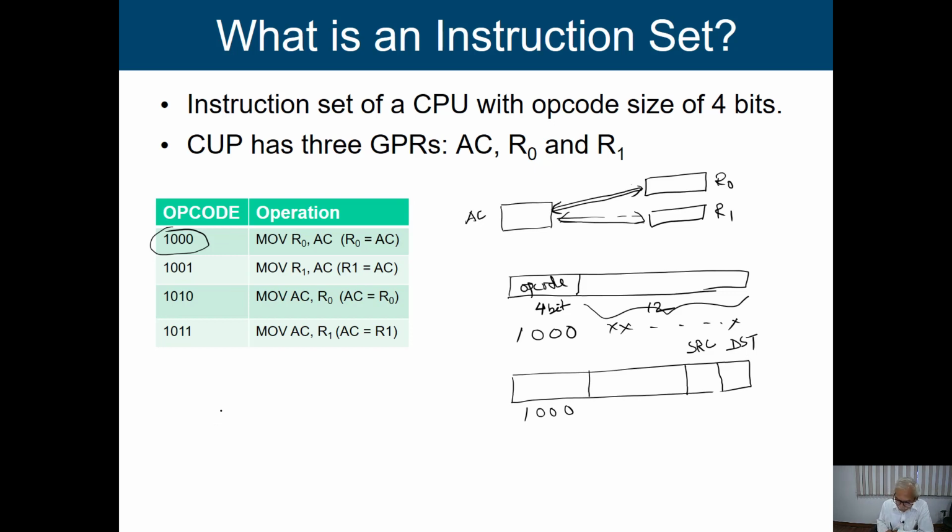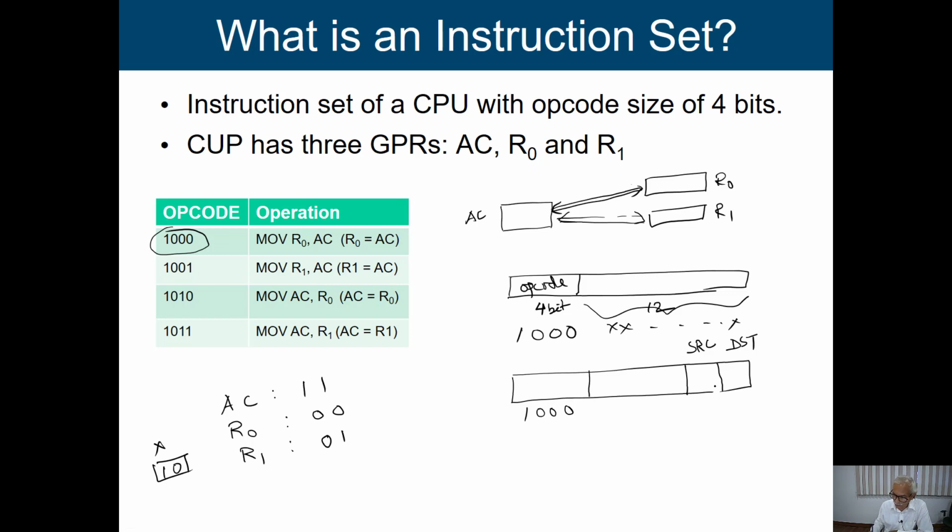Now since I have 3 registers, AC, R0 and R1, for our better understanding we'll say that 00 is going to look for register R0, 01 is going to have register R1, and 11 is going to say accumulator, and we are not using the combination 10. Okay, we have not used this combination.